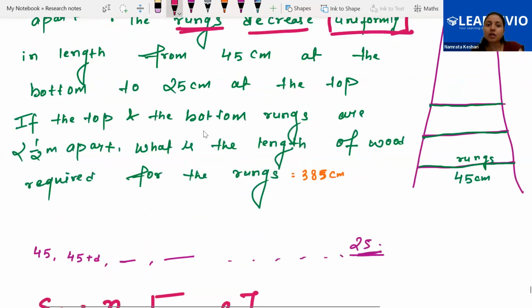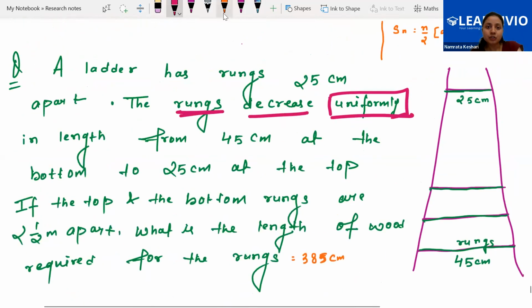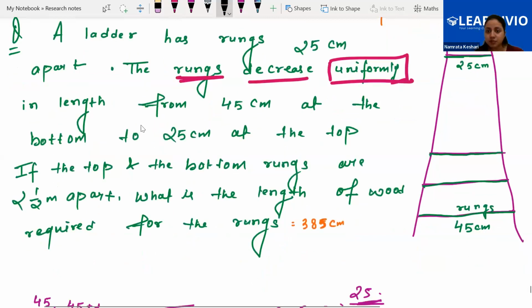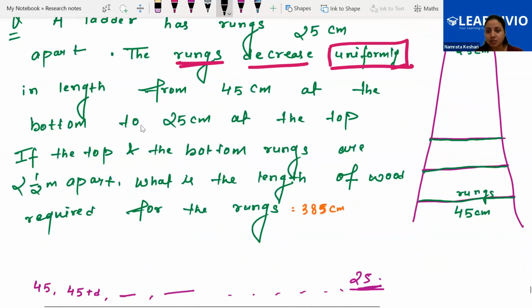So if you focus on this ladder, you will realize one thing. Let me show you. A ladder has rungs 25 centimeter apart. The distance between these two is 25 centimeter.